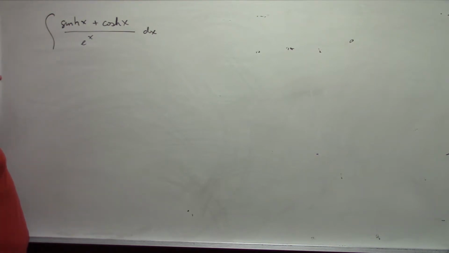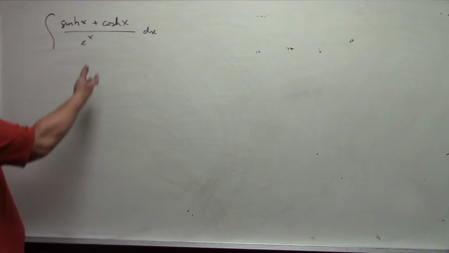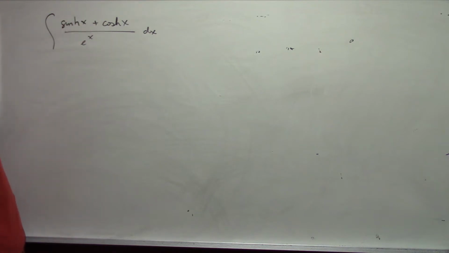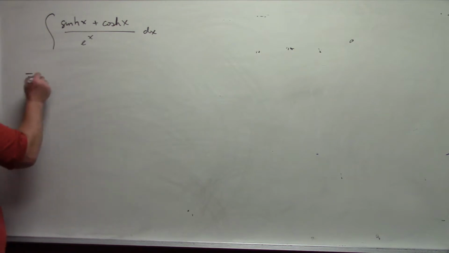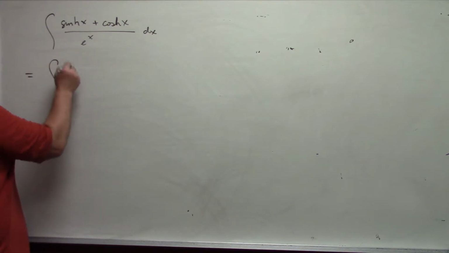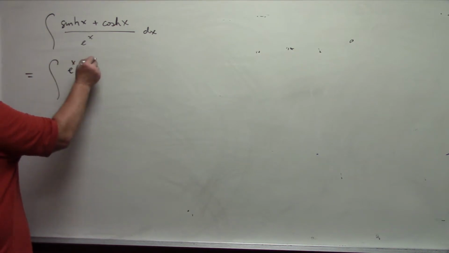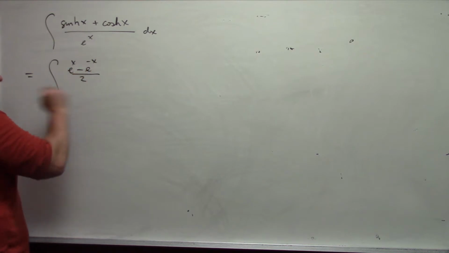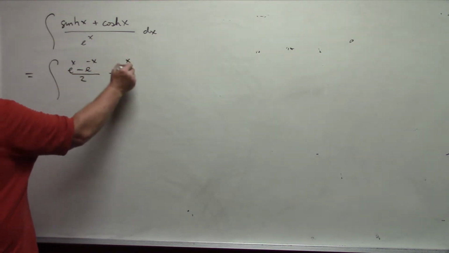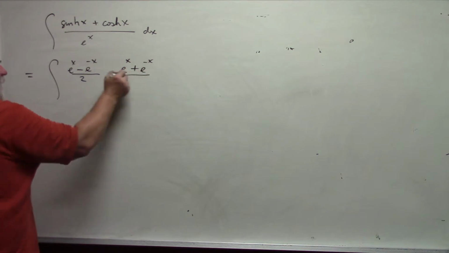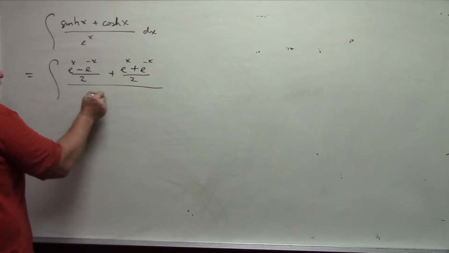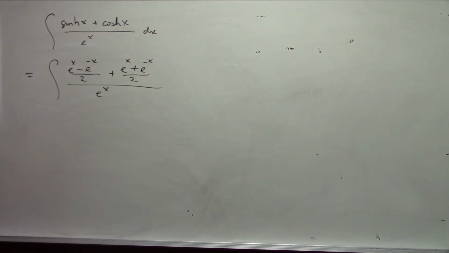And in order to do that, I need to remember, or look up, what sinh and cosh are. Sinh, remember, was e to the x minus e to the negative x over 2. Cosh, e to the x plus e to the negative x over 2. And all of that was divided by e to the x.